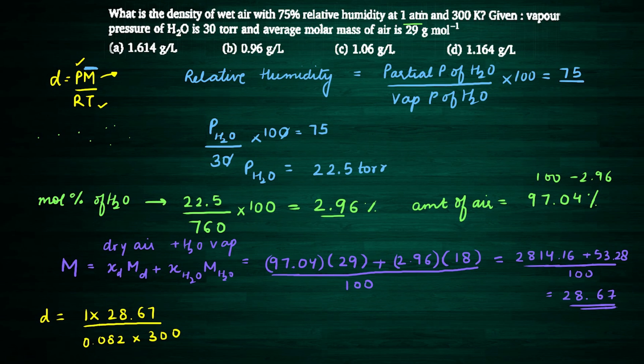When you solve this using a calculator, this gives the density to be 1.164 grams per liter. And if we look at the options, we have option D matching exactly with this. So option D will be our answer.